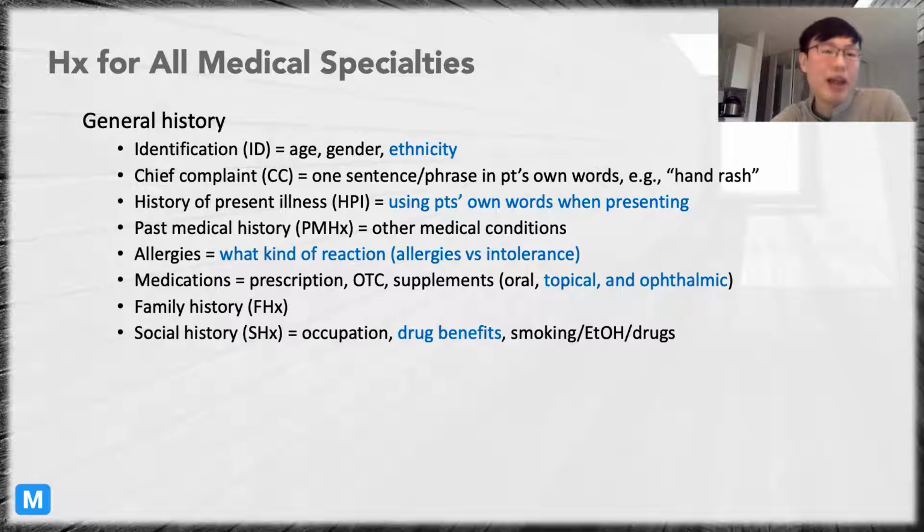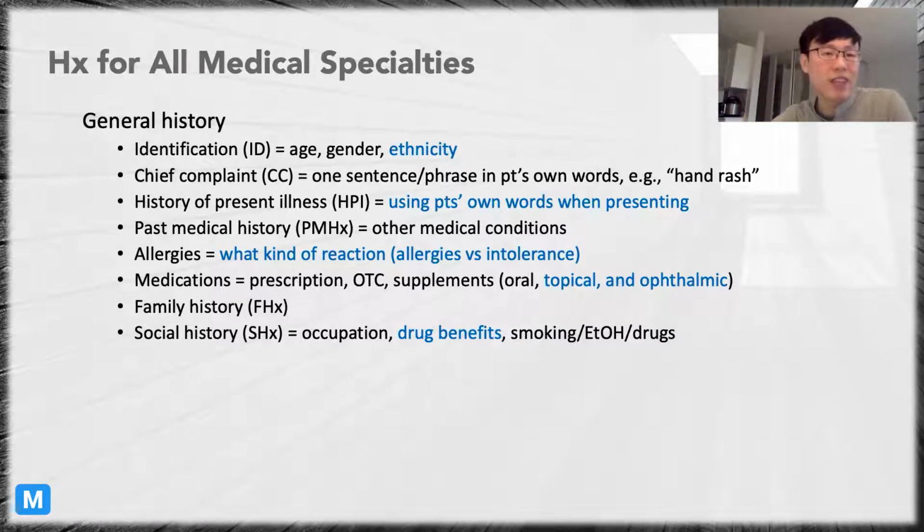And in terms of allergies, you want to ask what kind of reactions. This is particularly important in dermatology, because many rashes can be caused by different kinds of medications. You want to clarify if it's a true allergy or actually an intolerance. In terms of medication, most people will forget about topical and ophthalmic medications. They do not consider those as medication.